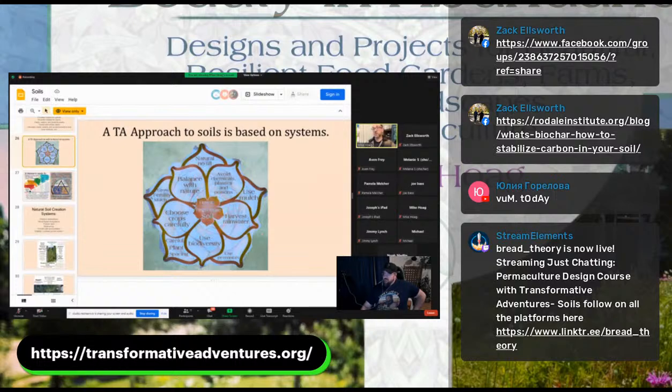Use mulch. Harvest rainwater, right? Design rainwater systems into the garden. Use perennials, use biodiversity, use careful plant spacings, and choose your crops carefully for what you want to accomplish. Grow fertility and mulch in your own garden. And finally, balance with nature.